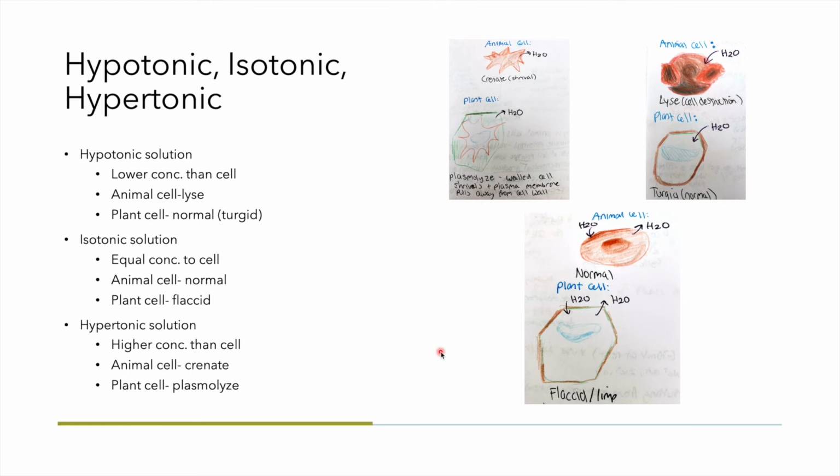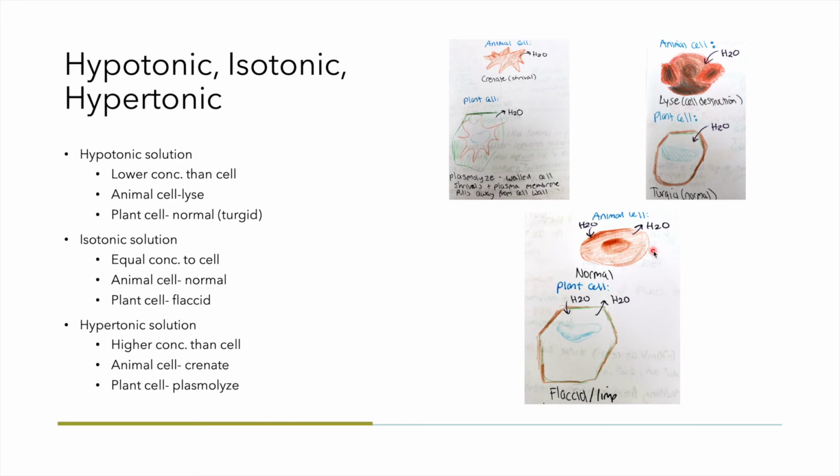Solute concentration is essential for cell viability. Since animal cells do not have cell walls, they cannot withstand large osmotic gains or losses of water. Therefore, animal cells are most healthy and stable in isotonic solutions, where there is no net movement of water because dynamic equilibrium is established.